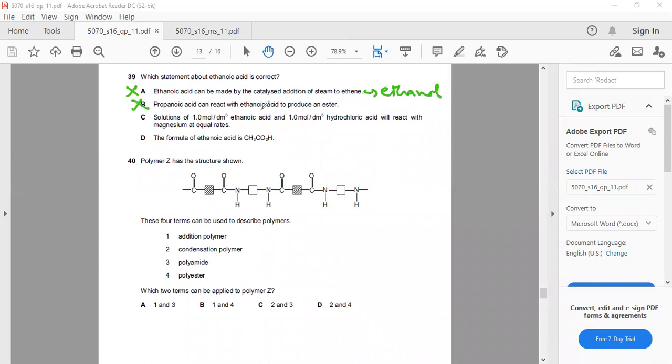No. Acids do not react. The formula of ethanoic, D is easier, so no need to read. See, this is the ethanoic acid. But let's see why C is wrong. 1 mole ethanoic acid is a weak acid, and 1 mole hydrochloric acid is a strong acid. Equal rate, wrong. Hydrochloric acid will react faster because it is a strong acid.